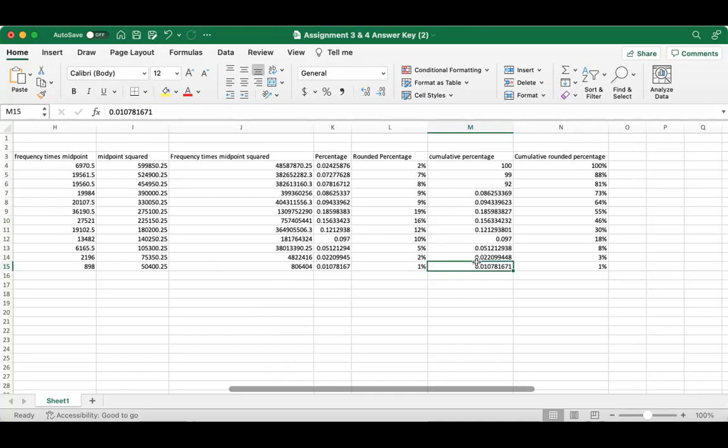39. Did we do 39 yet? We did not. So we're going to do 39. Clear rules. Select cells, conditional formatting, new rule. Cells that contain equal to 39, right? 39.